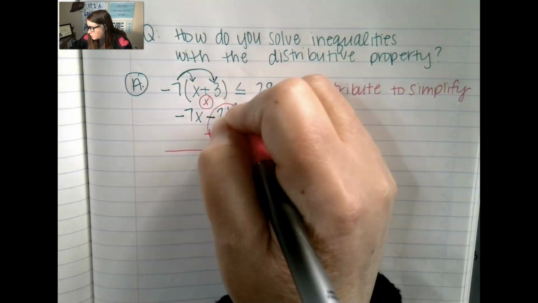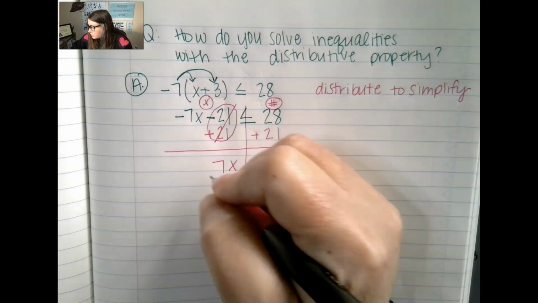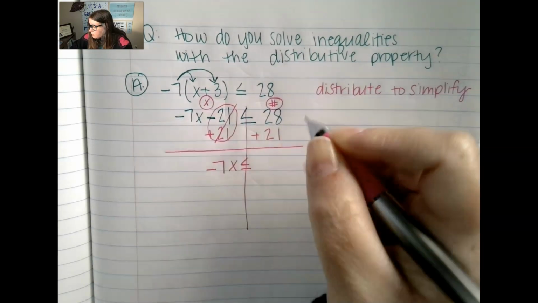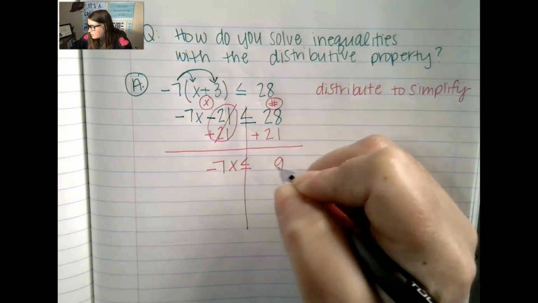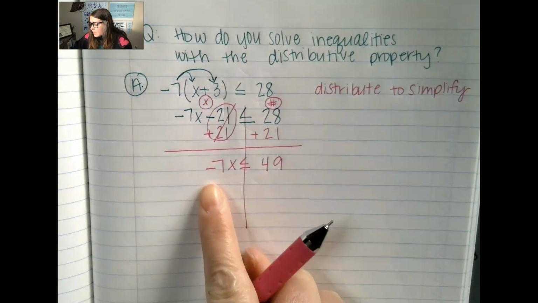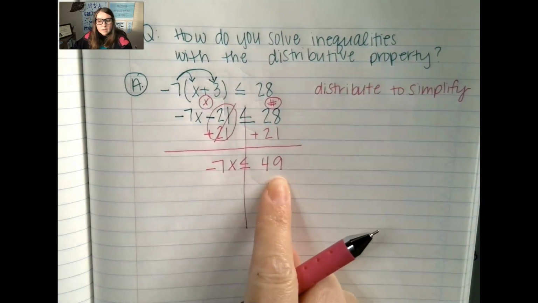This 21 goes away. We now have -7x left over, and we're ready to solve over here. So 28 plus 21 is 49. Now we have -7x is less than or equal to 49.